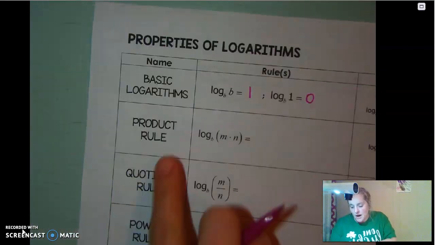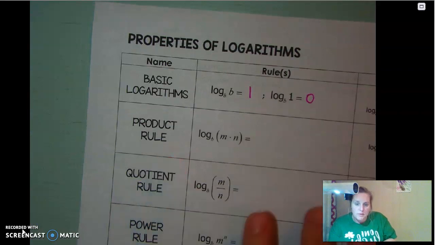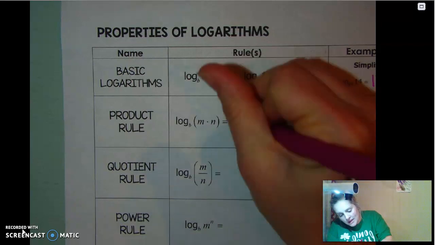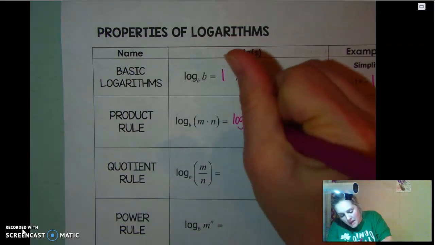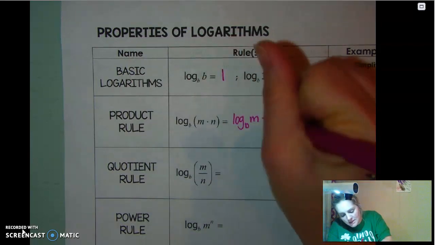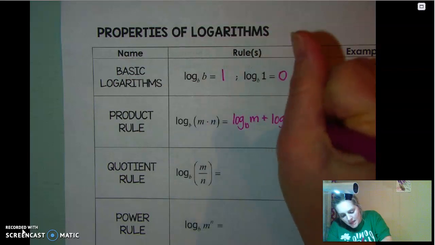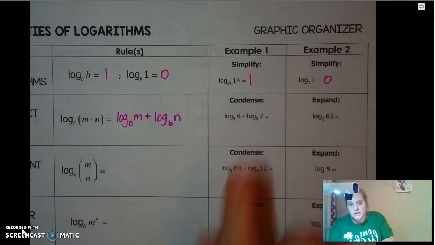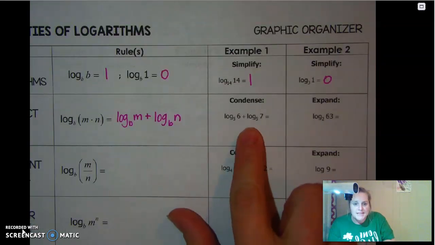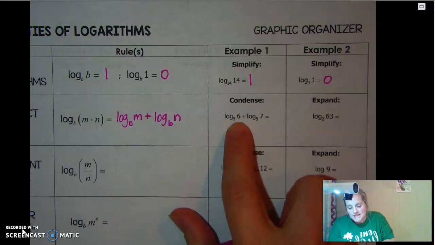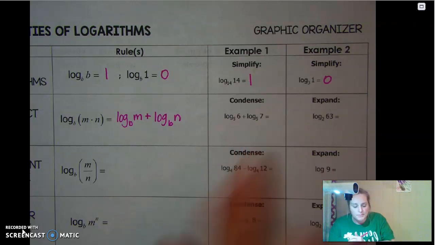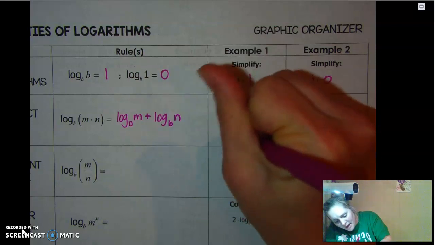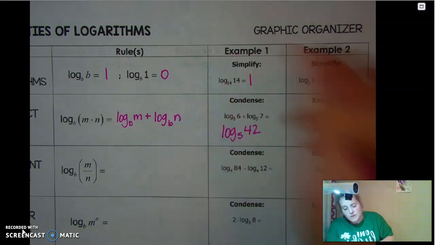Okay, now we have our product rule. Remember that the product rule goes with addition, so you would separate this log base b of m plus log base b of n. So that separates that there. If we're looking at this and we have to condense it, you will take the 6 and the 7 and multiply those together, and that gives you 42. Log base 5 of 42.